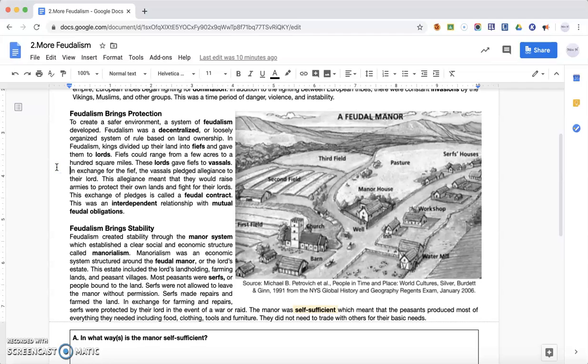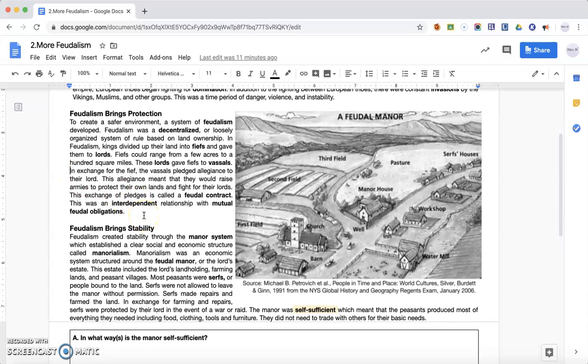Fiefs could range from a few acres to 100 square miles. These lords gave fiefs to vassals. In exchange for the fief, the vassals pledged allegiance to their lord. This allegiance meant that they would raise armies to protect their own lands and fight for their lords. This exchange of pledges is called a feudal contract. This was an interdependent relationship with mutual feudal obligations.